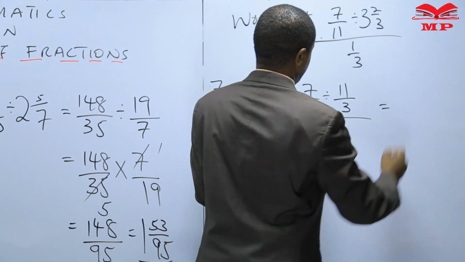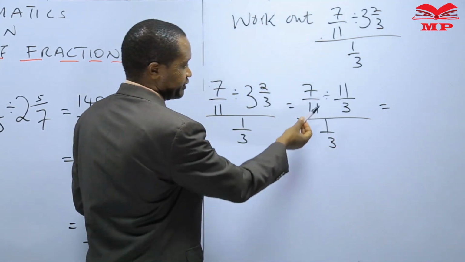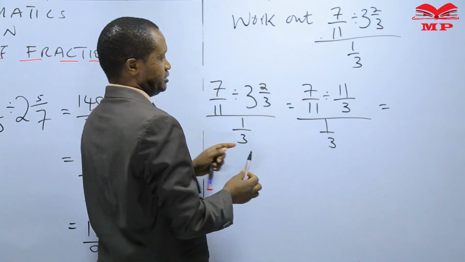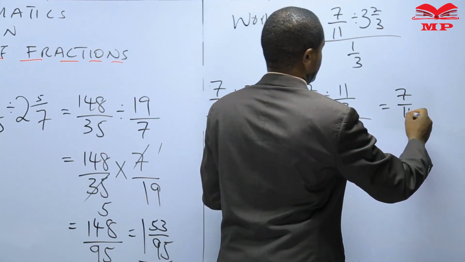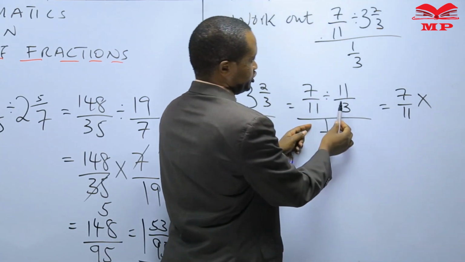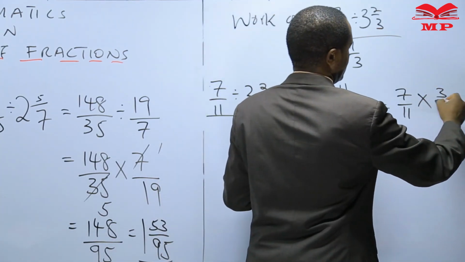This is equal to, remember we are working out the numerator first. Okay, so 7 over 11 times the reciprocal of 11 over 3 is 3 over 11.